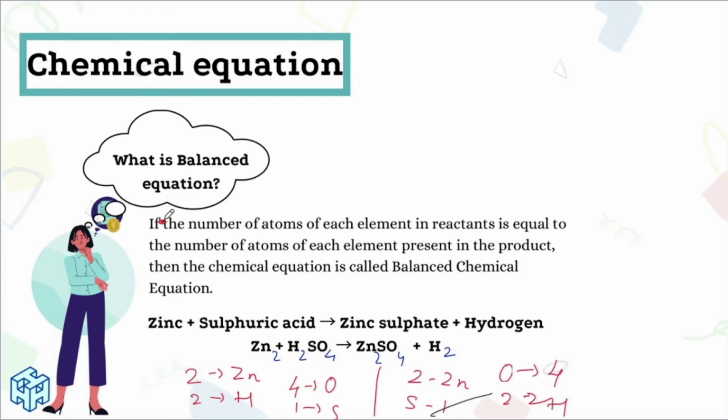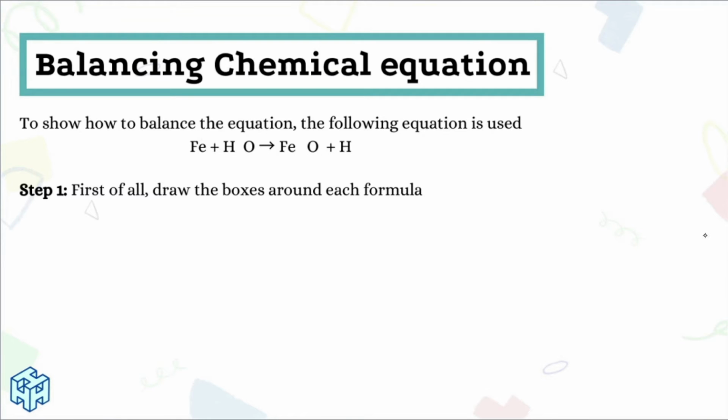Simply, if the number of atoms of each element in the reactant is equal to the number of atoms in the product, it should have an equal number of each element in the reactant and the product.